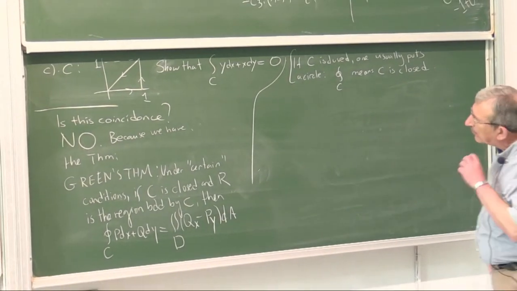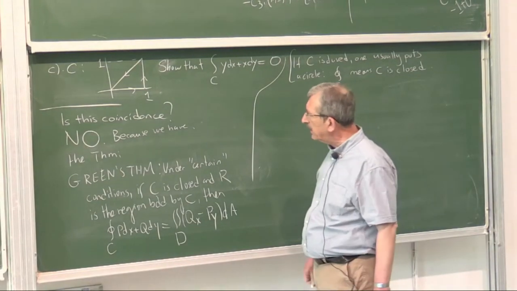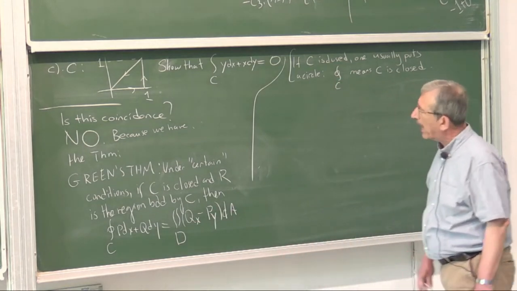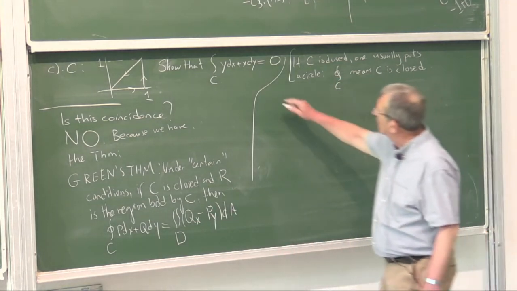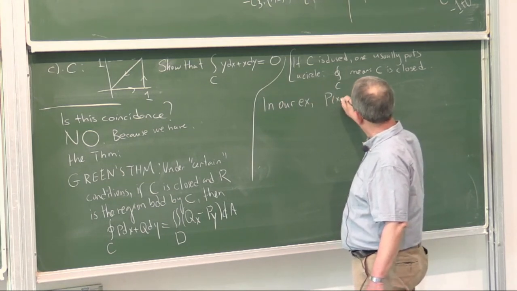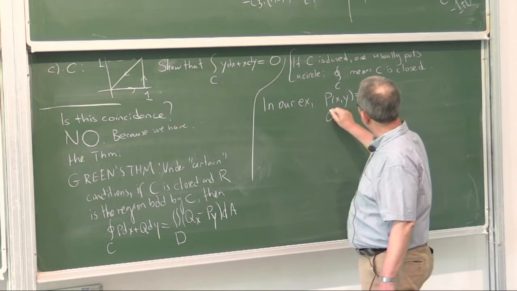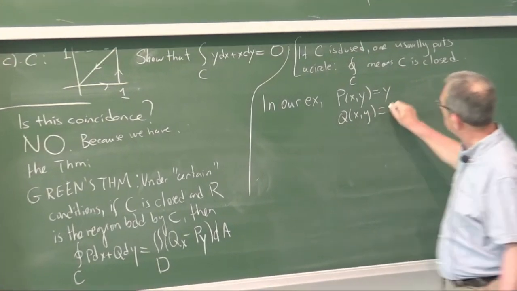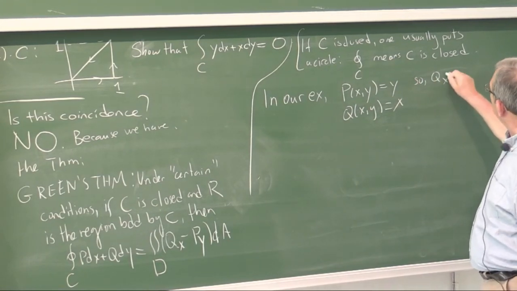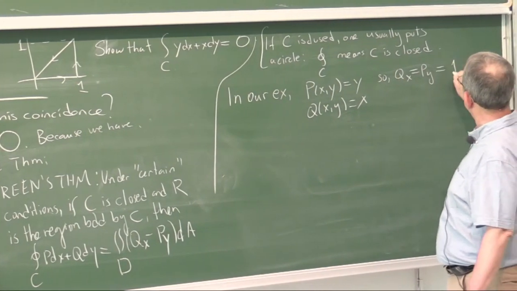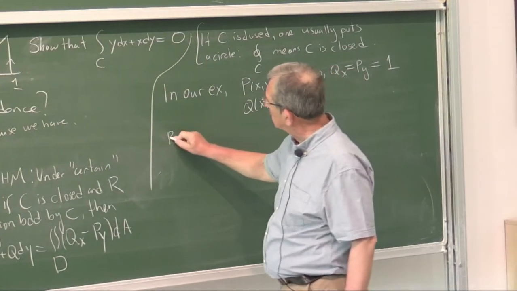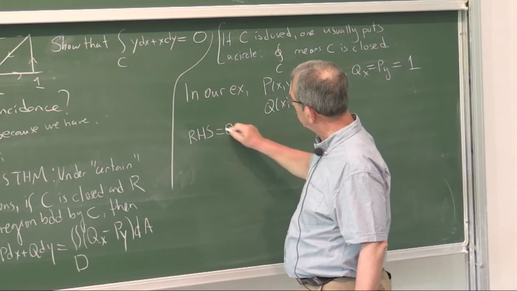Well, what does Green's theorem say in this case? You take the derivative of q with respect to x. Well, in our example, p of x,y is y, q of x,y is x. So q sub x is p sub y. They are both 1. Which means that the right-hand side is 0.